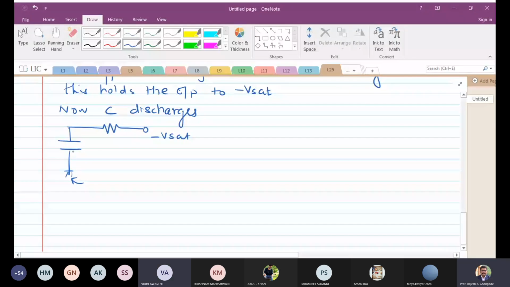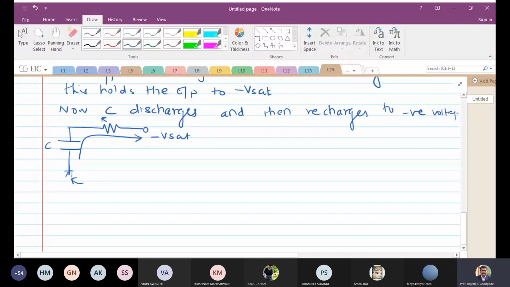So now this will start discharging through R towards minus Vsat, and since it is already less than ground, it will start getting negatively charged. So capacitor discharges and then recharges to negative voltage. Please understand this carefully.